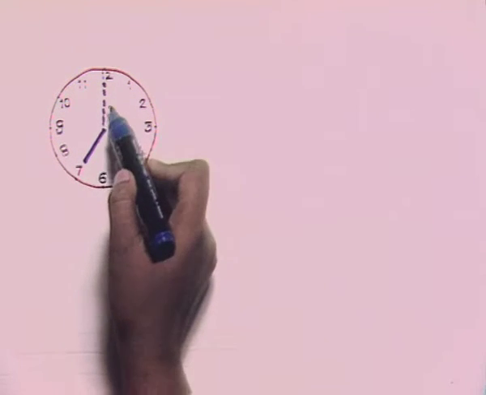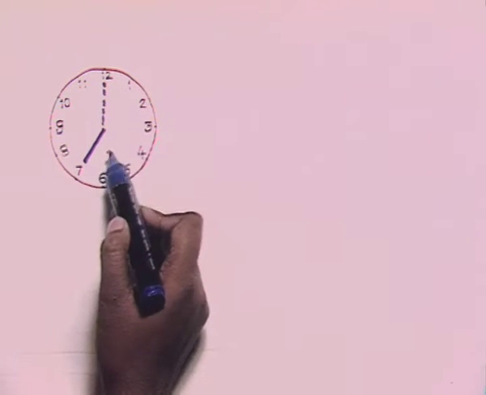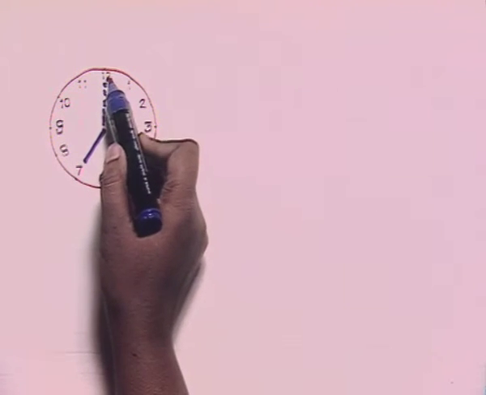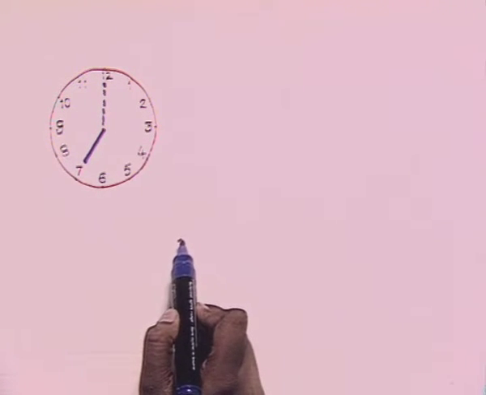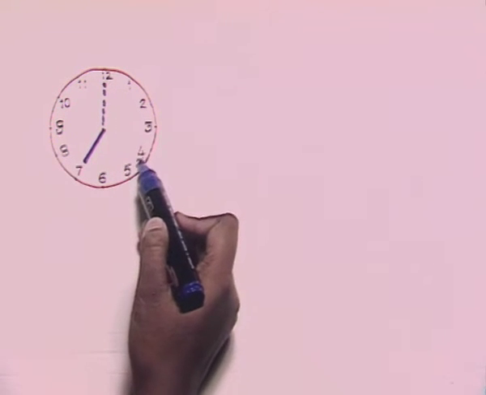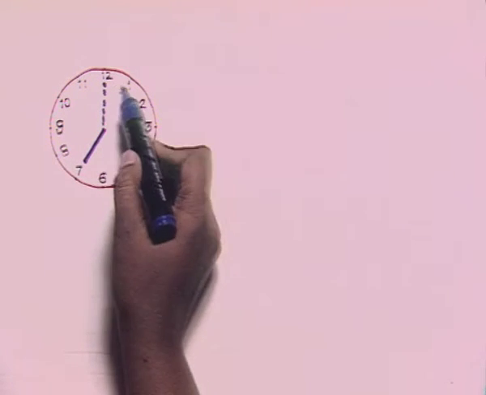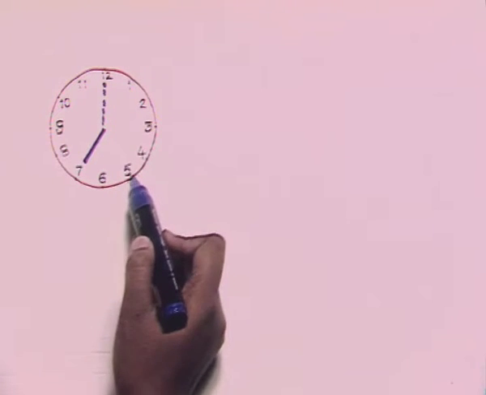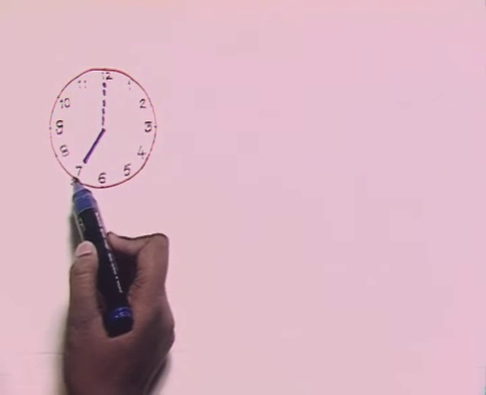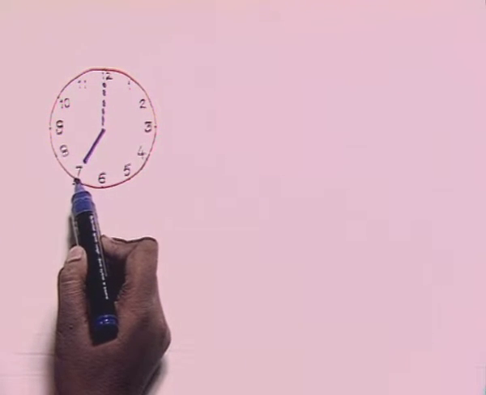The minute hand starts moving from here. At 6 o'clock the minute hand will be at 12 and at 6:35 the minute hand has moved from this, it has swept this area and reached here at 7.